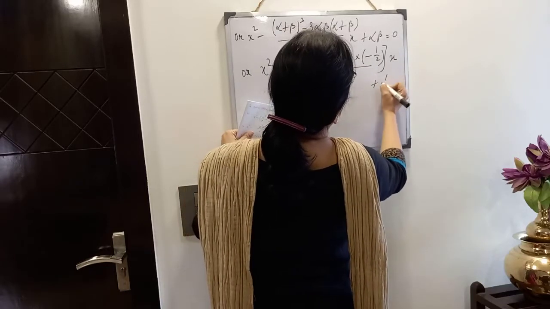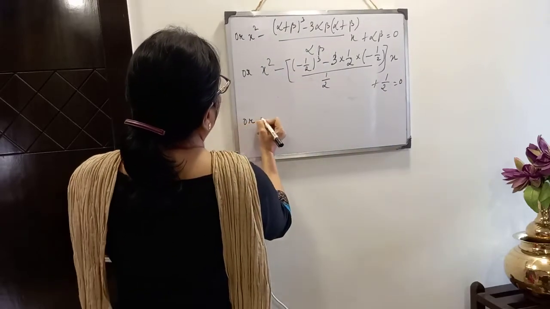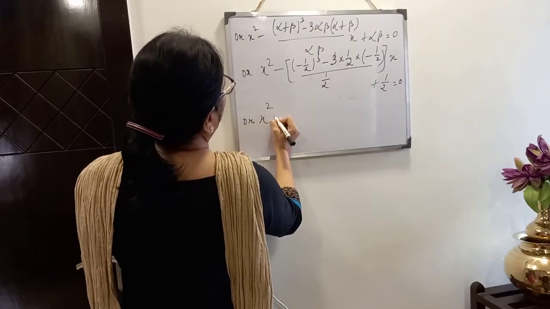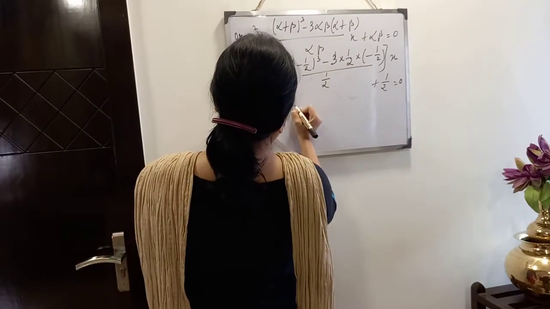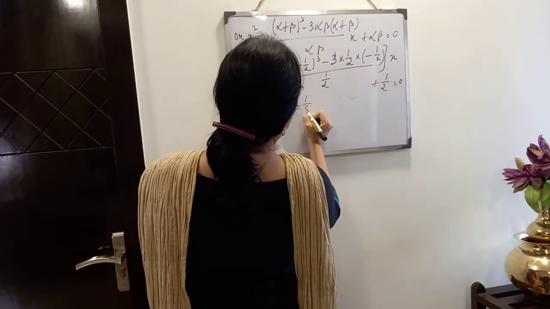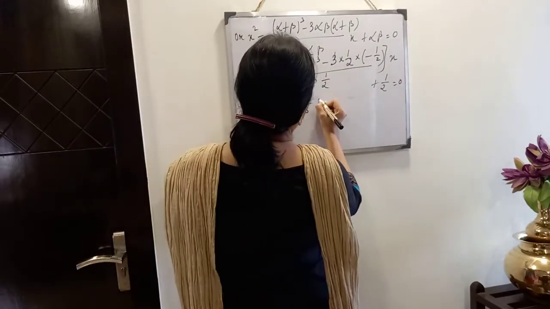Plus alpha beta half. That is minus 1 by 8 minus minus plus plus 3 by 4.